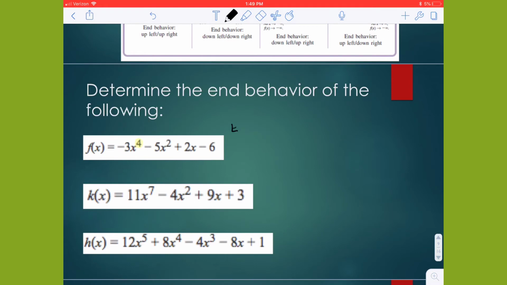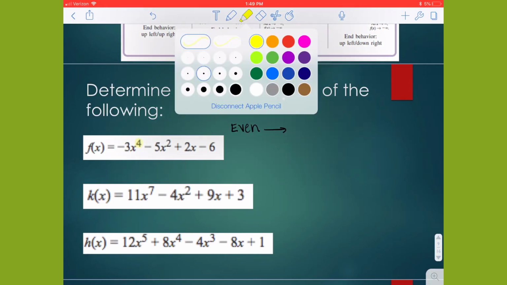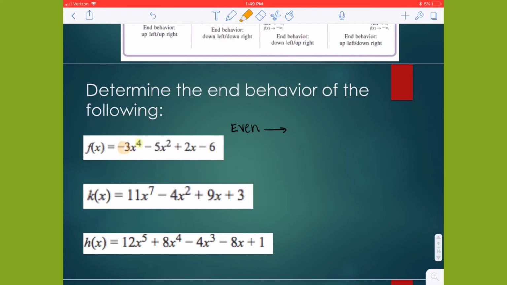So that is an even degree. And then my next step is to focus on my leading coefficient, which is negative 3. So I'm going to write negative leading coefficient. So because it's even with a negative leading coefficient, I know that both sides go down. That is my end behavior.